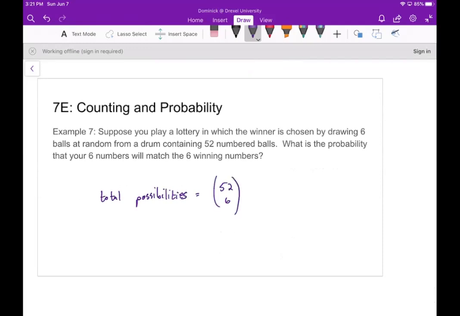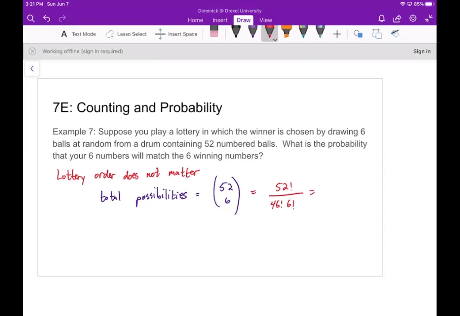And I should be clear here that for this lottery, the order doesn't matter. Okay, so it's 52 choose 6, which would of course be 52 factorial over 46 factorial times 6 factorial.